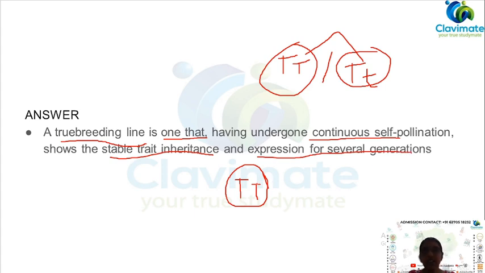Here, when T is self-pollinated, there is T cross T, so they will give rise to only T, that is, only tall plants. For however many generations you do this, only tall plants will result. So the same expression is obtained for several generations.